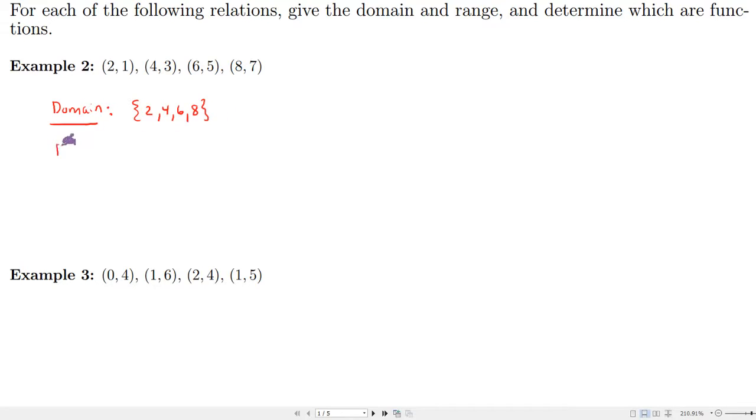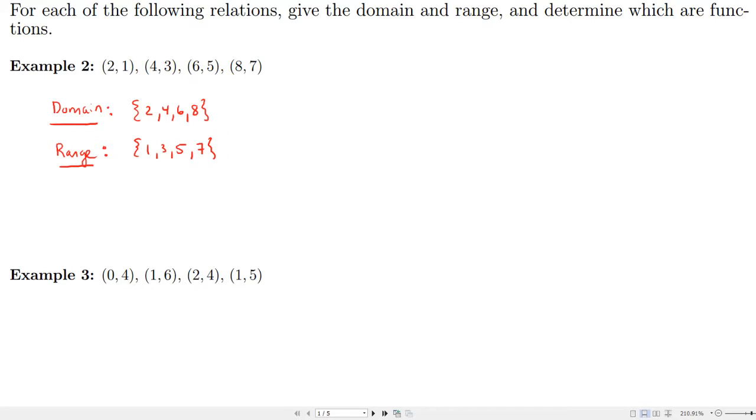The range will be the set of all second coordinates. So we have 1, 3, 5, 7.